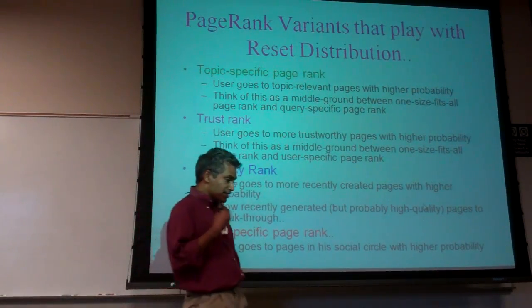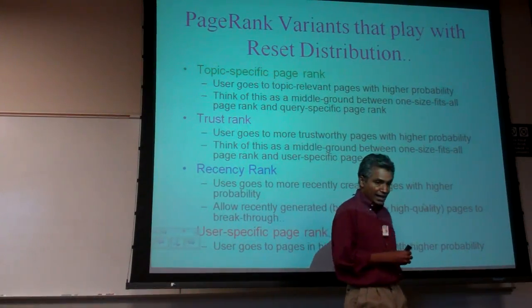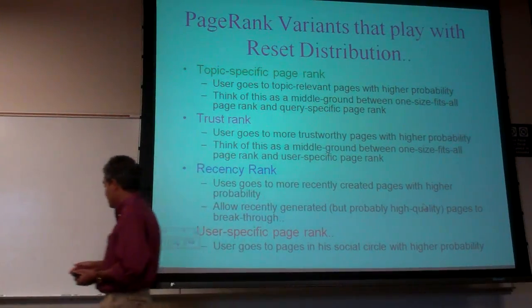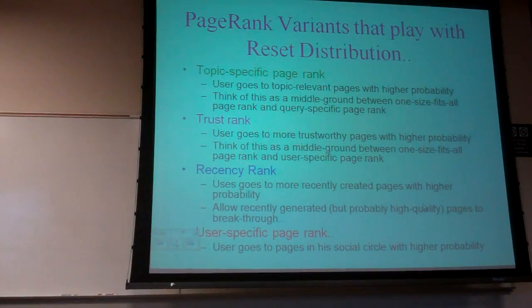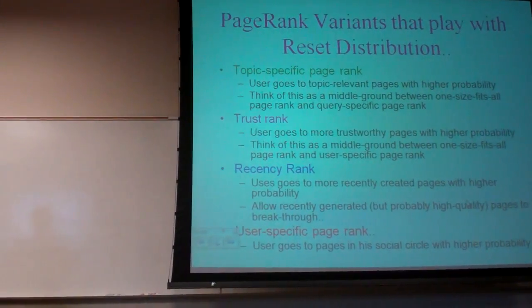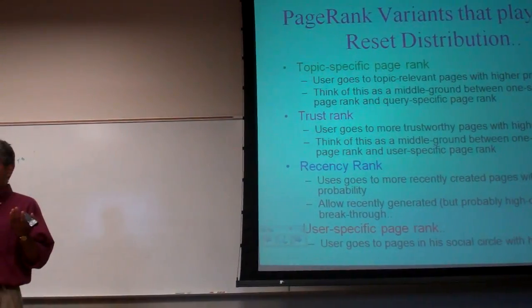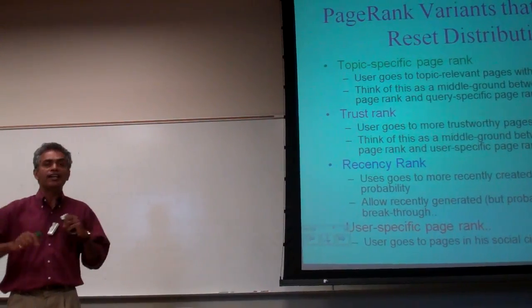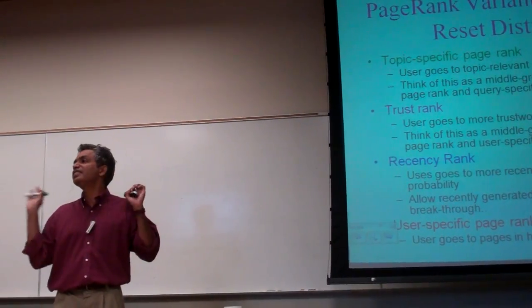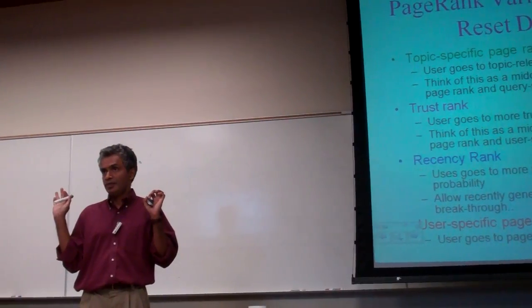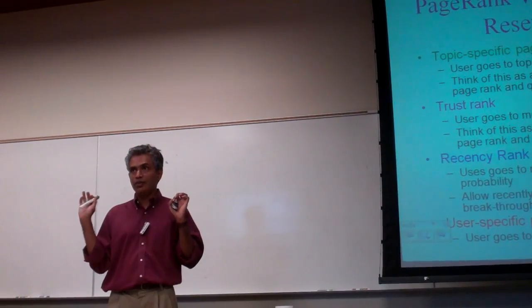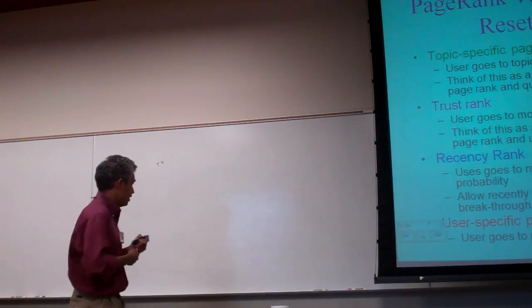All we need is for the reset distribution to make sure that every page is reachable from every other page. As long as there are no zero entries in the reset matrix, you're guaranteed that this will happen.